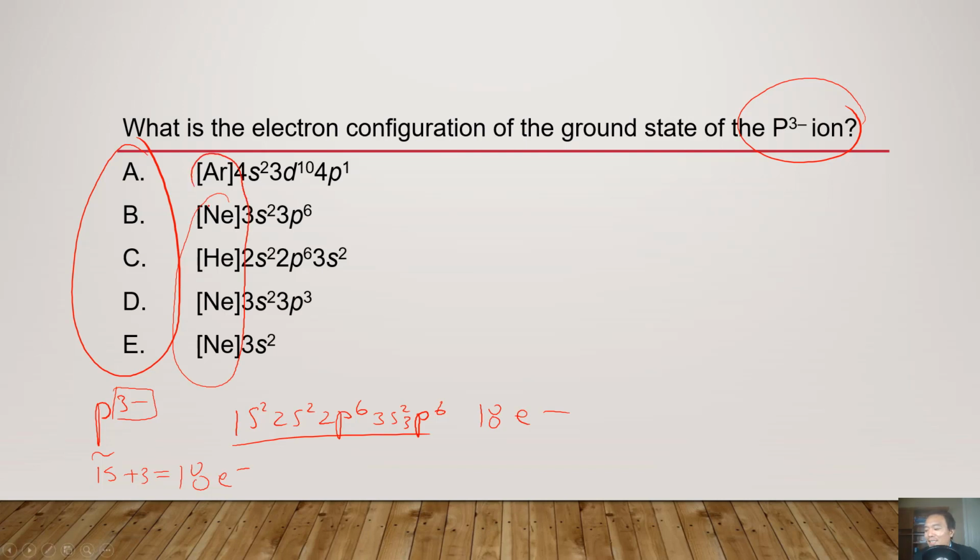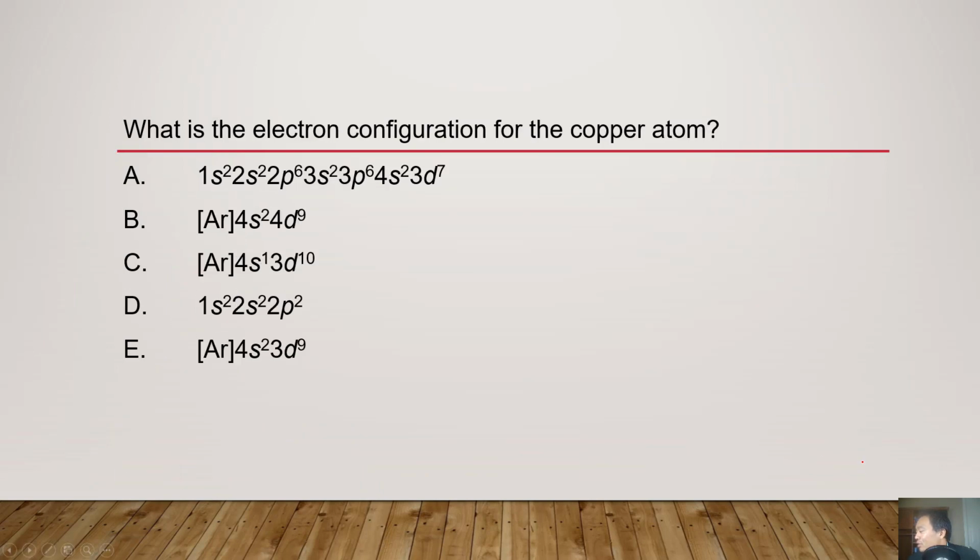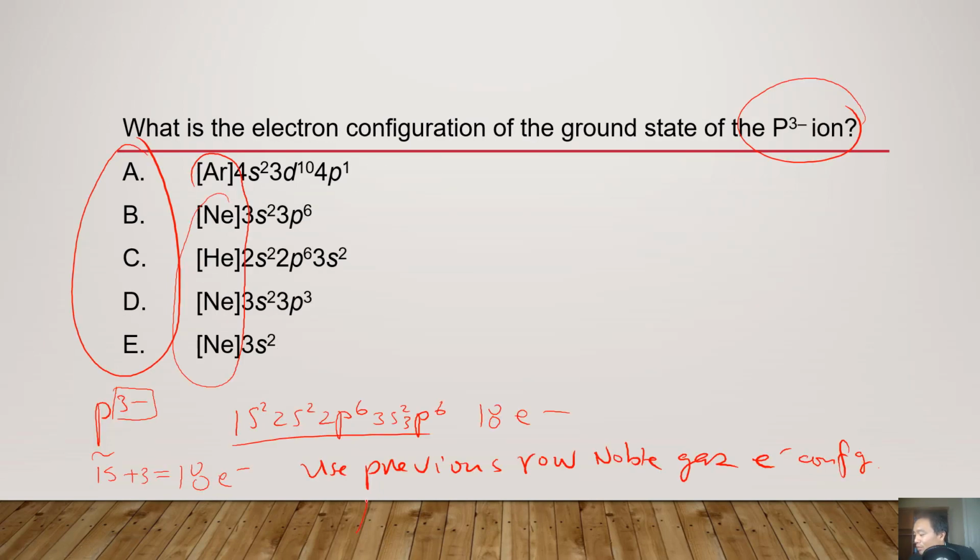If you look at your periodic table, we can use the previous row noble gas electronic configuration to represent the so-called core electrons. We're going to explain that a little bit later on.